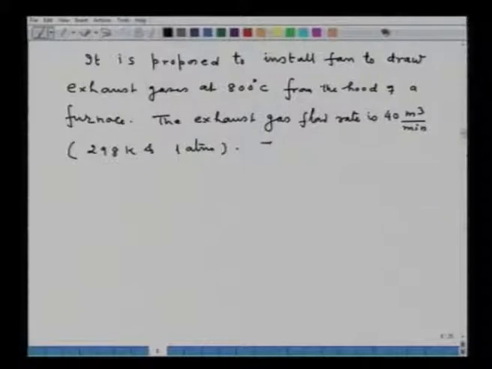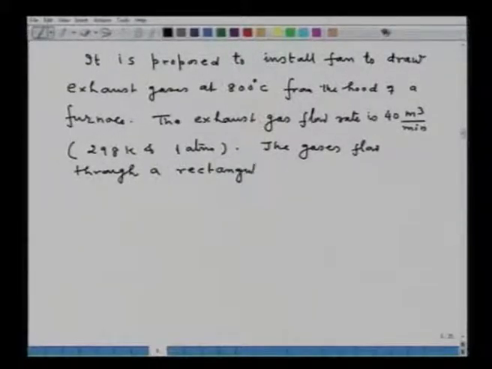The gases flow through a rectangular duct of 0.2 meter into 0.3 meter cross section.